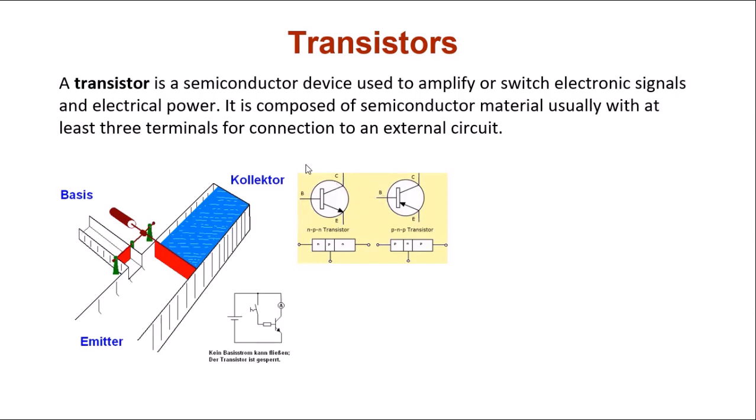There are three terminals: base, emitter, and collector. The base is always represented by this vertical line. It can be horizontal if we rotate it by 180 degrees. Horizontal or vertical, it is the middle thing, so that's why it is called the base.